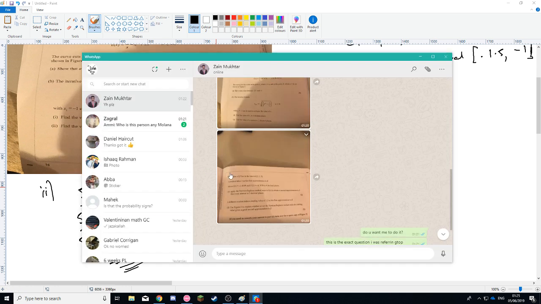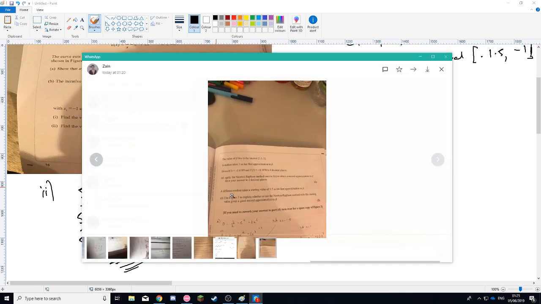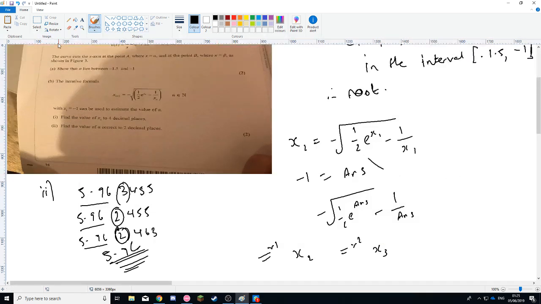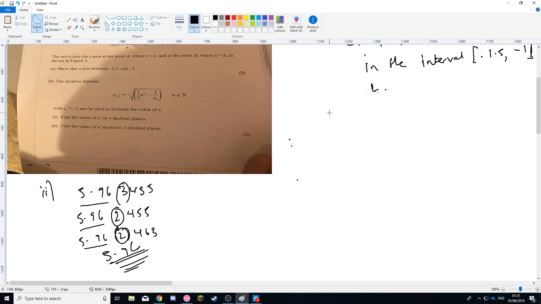Part B. A student takes 3 as the first approximation. Given f of 3, you apply Newton-Raphson once to obtain a second approximation. Okay, you only have to do it once, so part B, you do once.